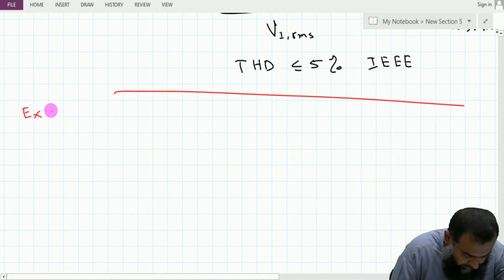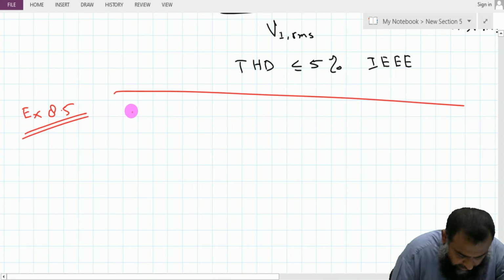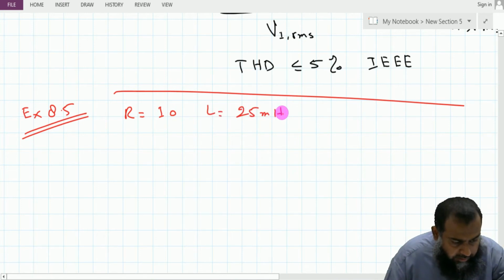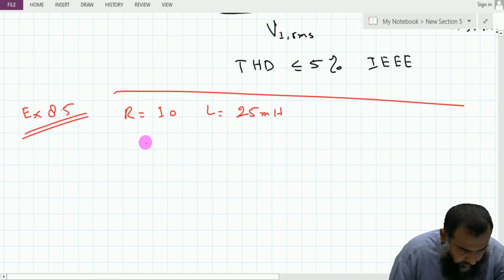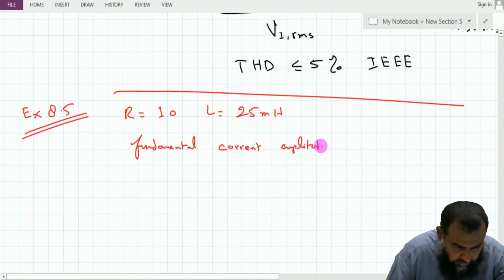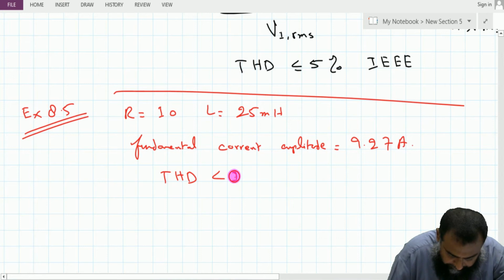Example 8.5. We need to design an inverter that has an RL load, R equals 10 ohm, L equals 25 millihenry, with fundamental frequency current amplitude that we require to be 9.27 ampere, and we also want to have a THD less than 10%, right?